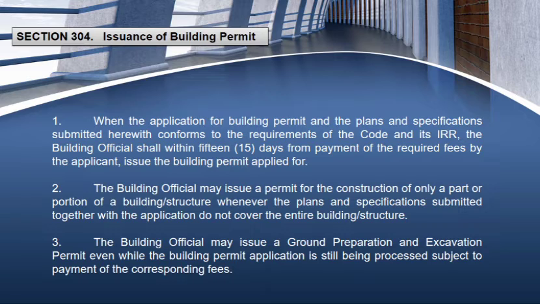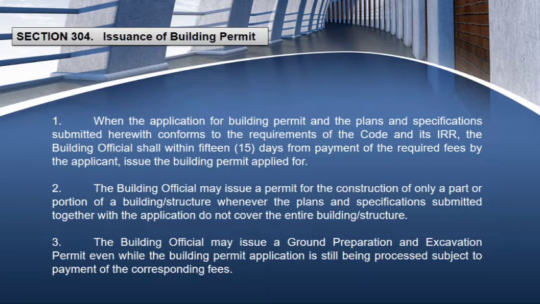Number 1. When the application for building permit and the plans and specifications submitted herewith conform to the requirements of the code and its IRR or the implementing rules and regulations, the building official shall within 15 days from payment of the required fees by the applicant issue the building permit applied for.